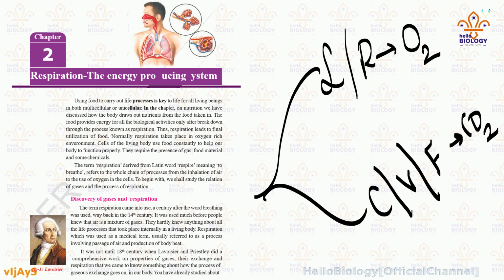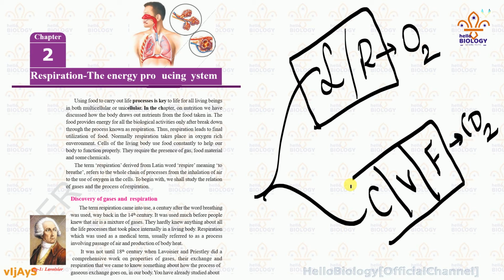Priestley never used the words oxygen and carbon dioxide in his experiments. He used only these names: living gas, respirable gas, chalky acid gas, vitiated air, fixed air.